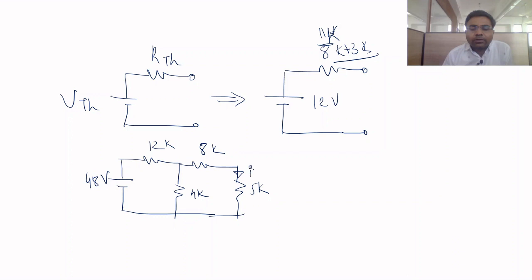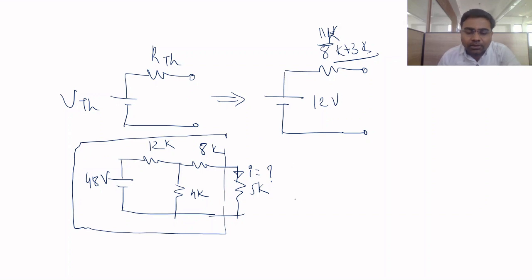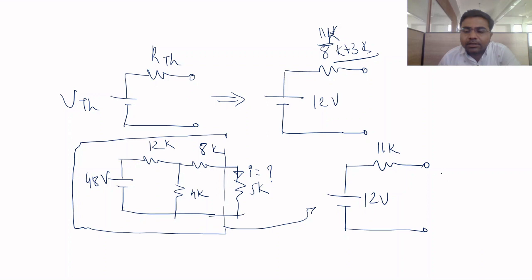Now we have to find the current through this. In order to find the current, we found the equivalent Thevenin circuit. The equivalent Thevenin circuit is 12 volt in series with 11 kilo ohm.